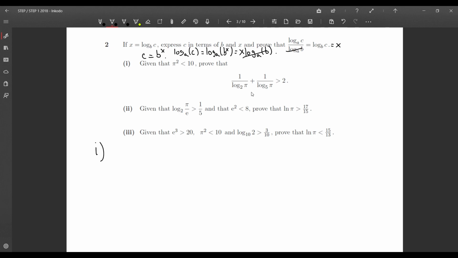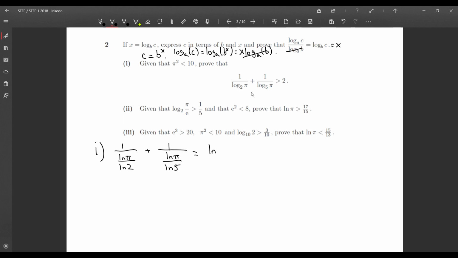Okay, so the next part says, given that pi squared is less than 10, prove that this inequality is true. So we can write this as ln 2 over ln pi plus ln 5 over ln pi. And it doesn't really matter, I'm just using ln because it's shorter.